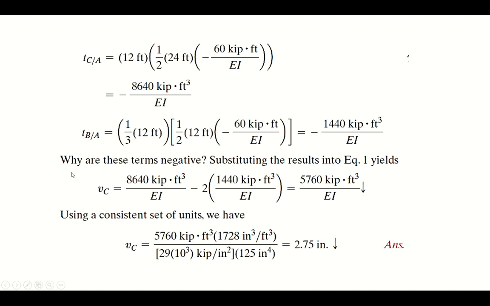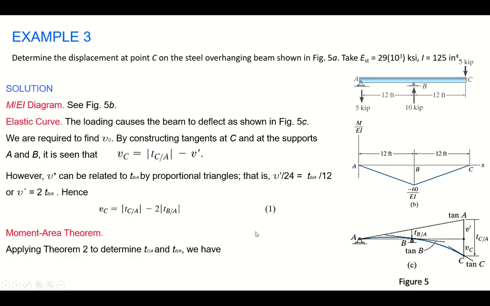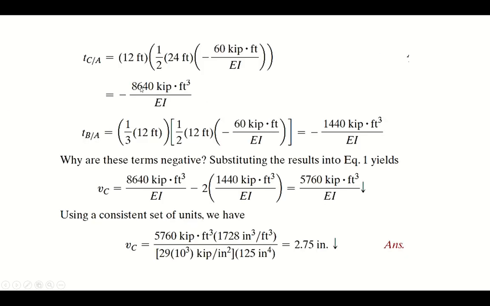Now it says why are these terms negative? So substituting the results into equation 1, Tc by A minus 2 into Tb by A. So putting Tc by A and Tb by A in this equation gives us the value of 5760 kip cubic feet over EI. As the deflection is downward, therefore the values were negative, right?